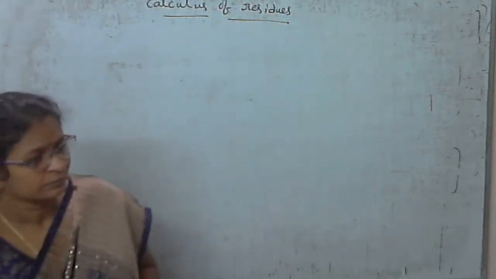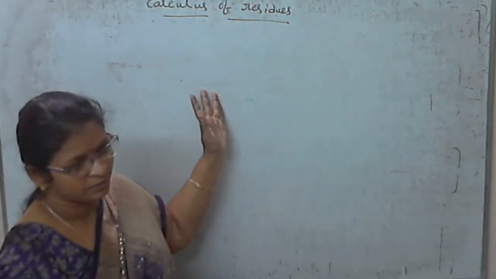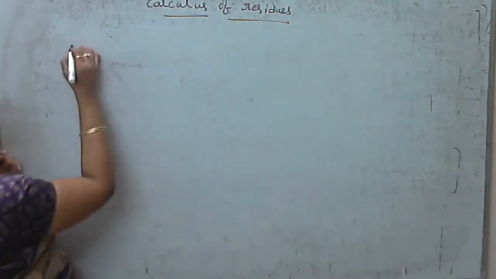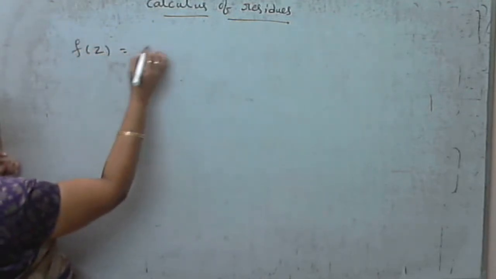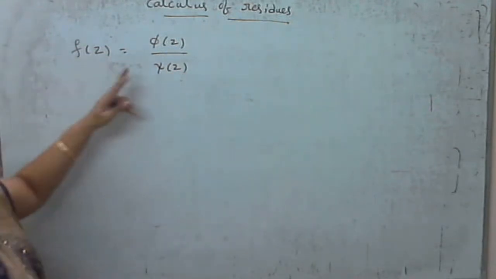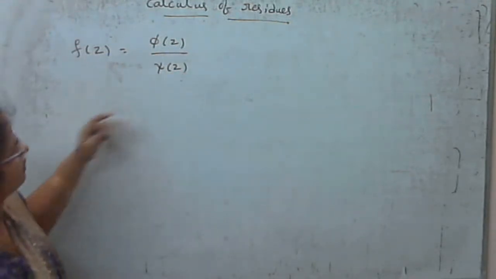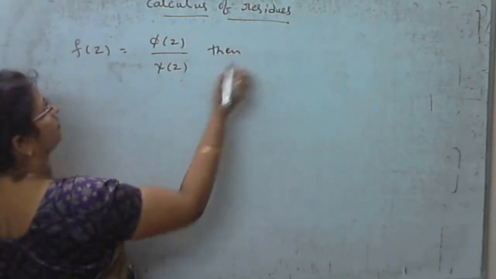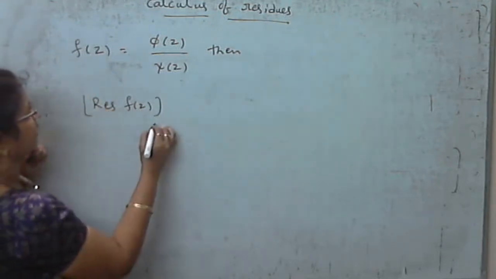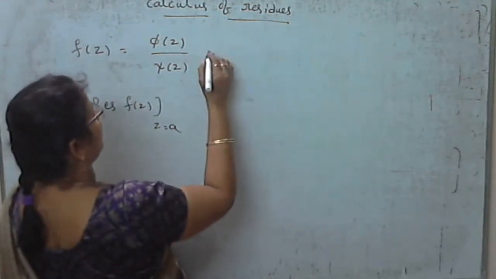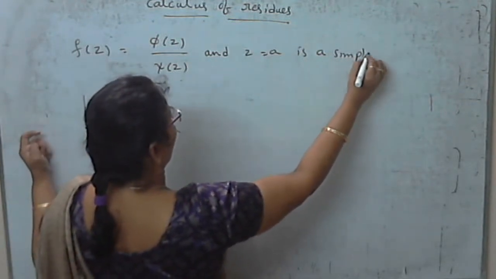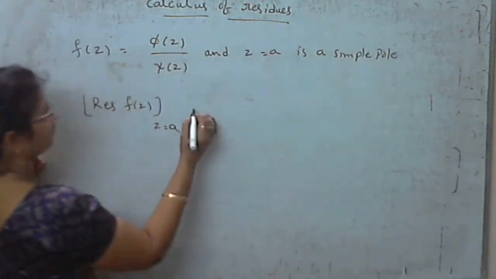Hi students. Now let us go for some more examples on residues. If the function is of the form f of z equal to pi of z by psi of z, numerator by denominator, and z equal to a is a simple pole, then you can apply another formula also.